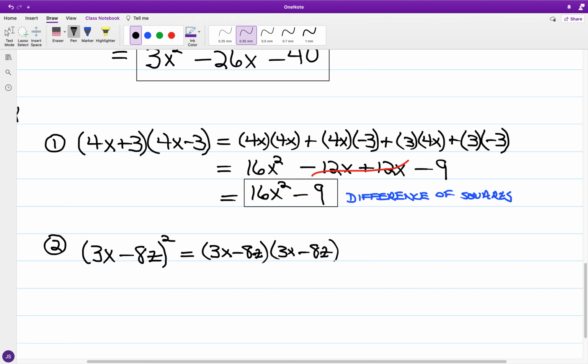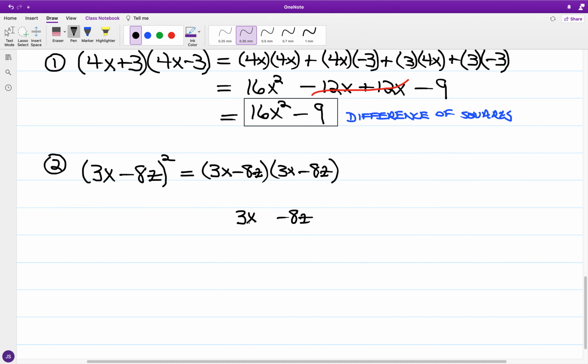In the case of 3x minus 8z squared, you have 3x minus 8z times itself. Again, you can utilize either the traditional or geometric FOIL approaches.